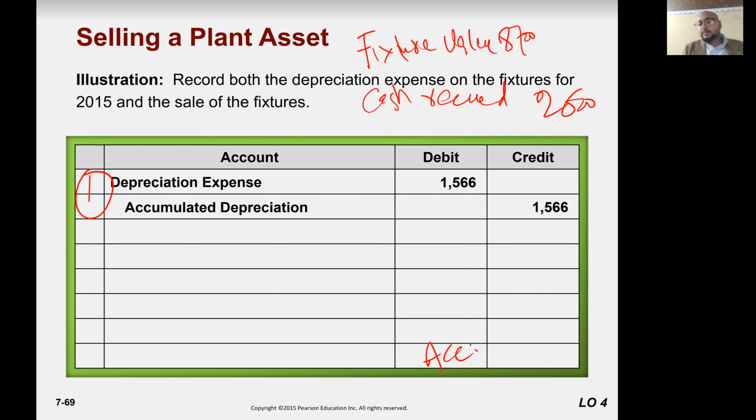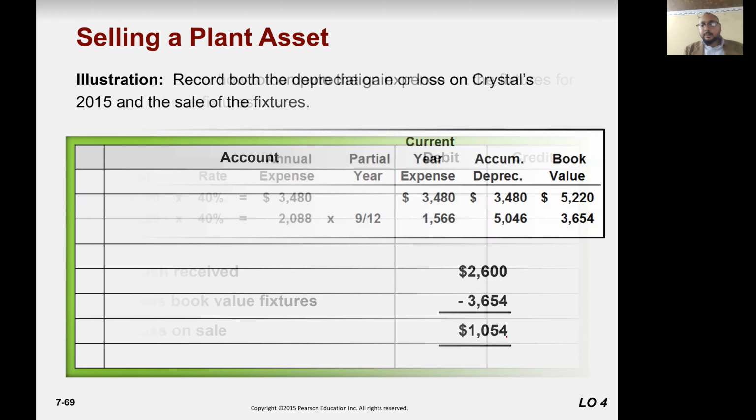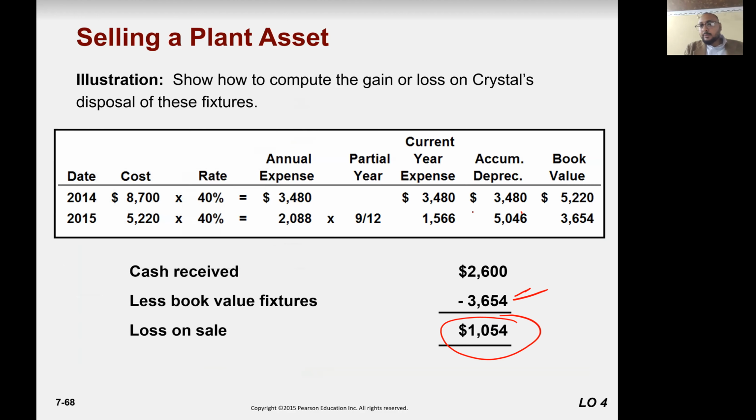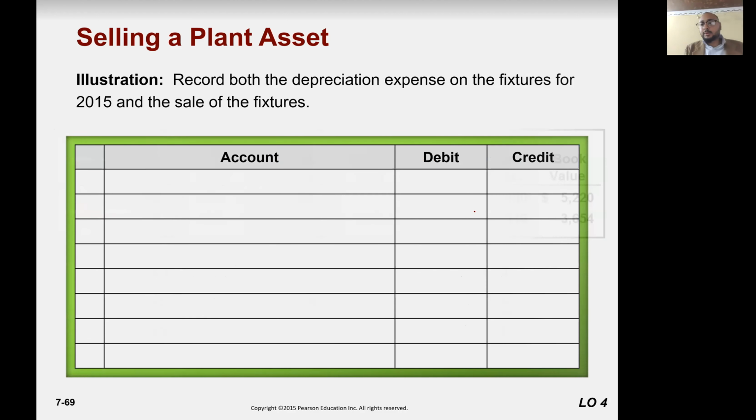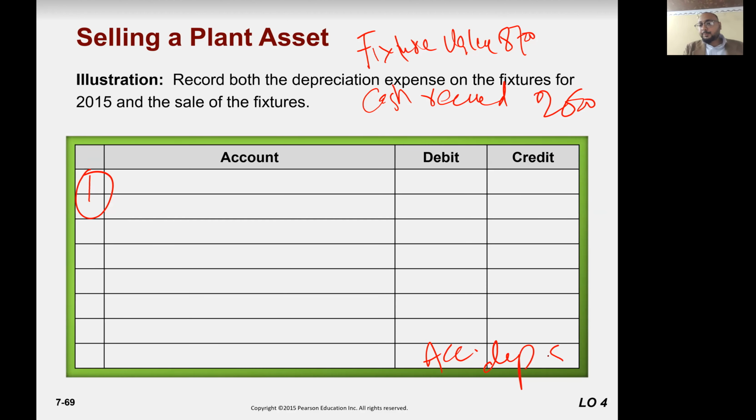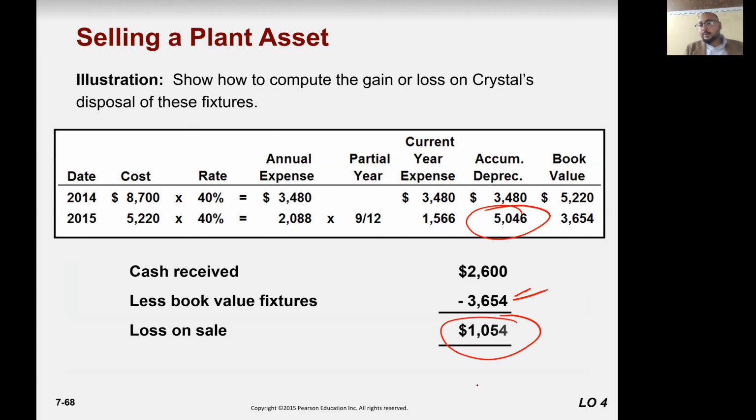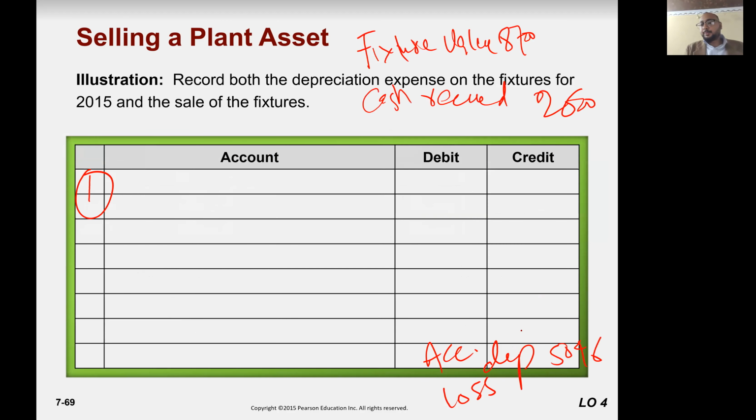Accumulated depreciation up till now, I think it is 5,046. Good. All right. Then the loss is, we calculated, 1,054.